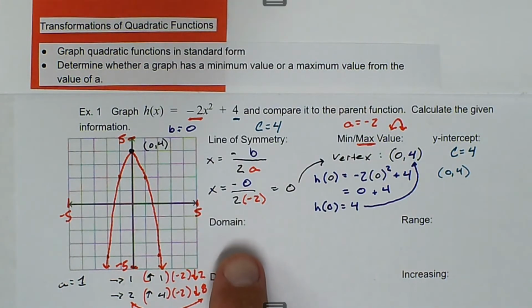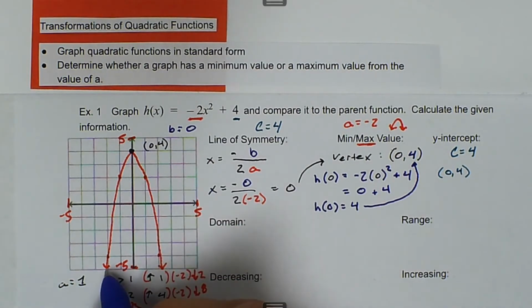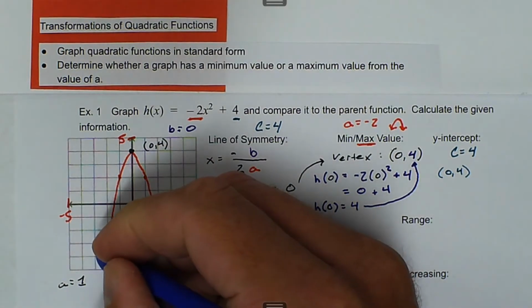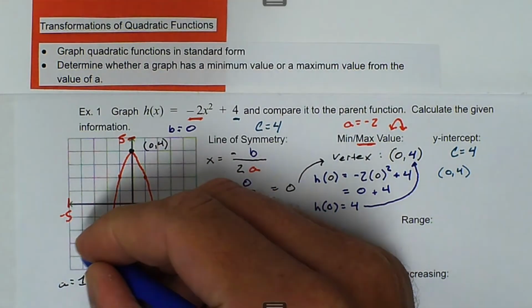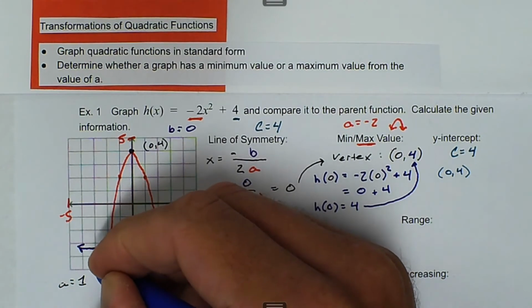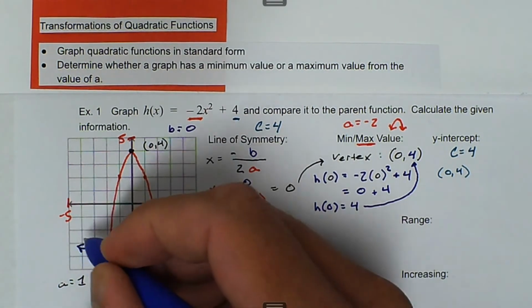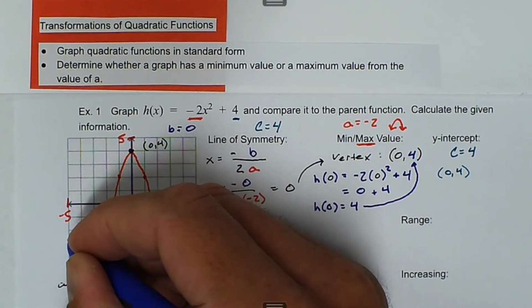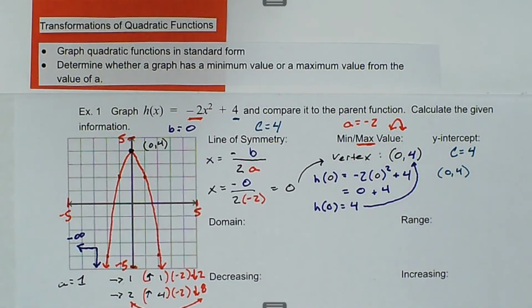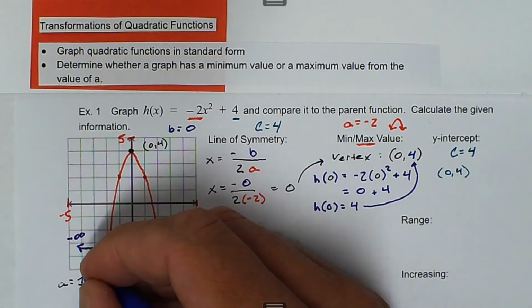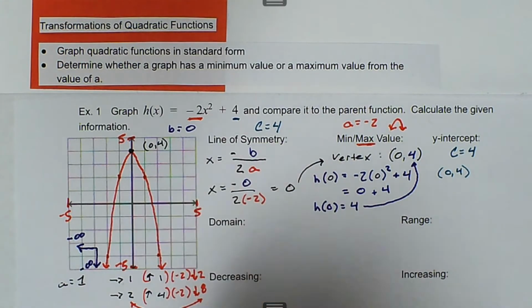Now we're looking at our domain. Our domain for this is always the same for parabolas. This arrow here has 2 directions that go with it. It has a direction that goes in the x direction and a direction that goes in the y direction. So this arrow means in the x direction, it goes to -infinity. And this arrow means in the y direction, it goes to -infinity.